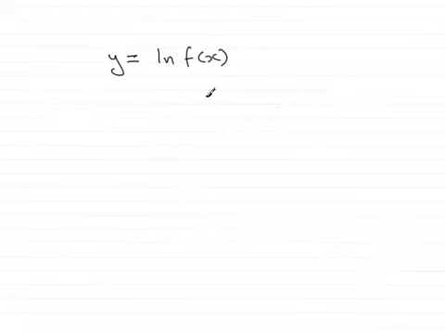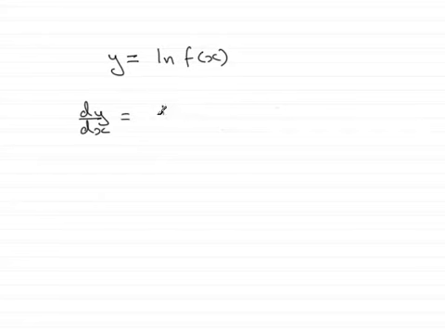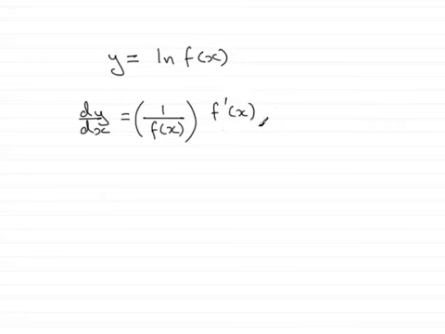Now in general then, if we have y equals the natural log of some function of x, by applying the chain rule we can differentiate this and it becomes 1 over f of x, and then we multiply this by the differential of f of x, which we'll call f dash of x.